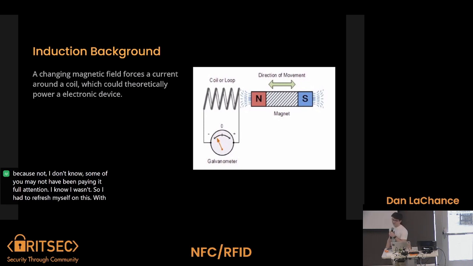So induction, basically, you have typically an electromagnetic field that is changing, and so all of the EMF going through a coil or loop is changing, and that induces a current to go around it. That's an important concept. That's how NFC and RFID chips actually function.